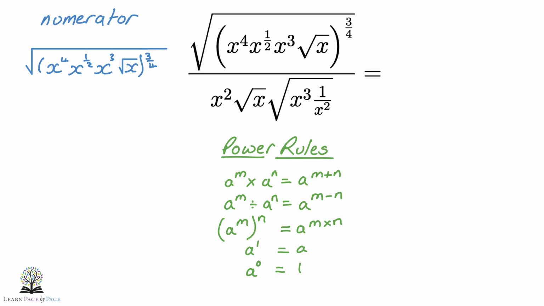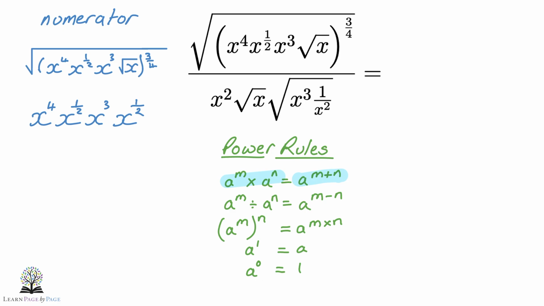So if we start off with x to the power of 4 multiplied by x to the power of half multiplied by x cubed, and the root x, that can be rewritten, can't it, as x to the power of a half. And that allows us to use the first rule, the product rule, where a to the power of m multiplied by a to the power of n, and we just add the powers.